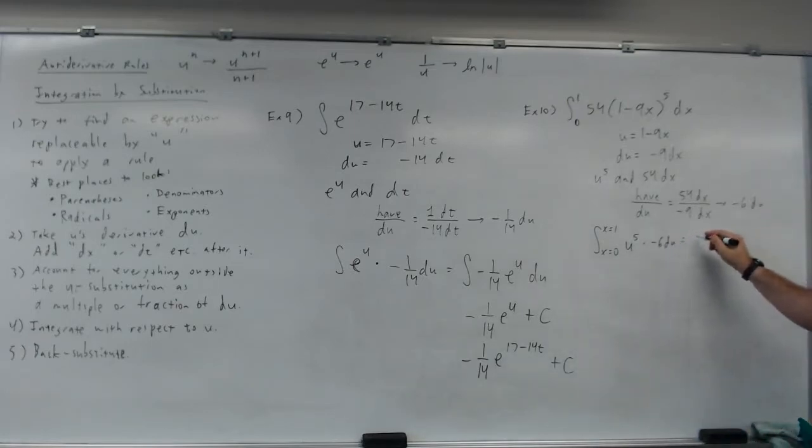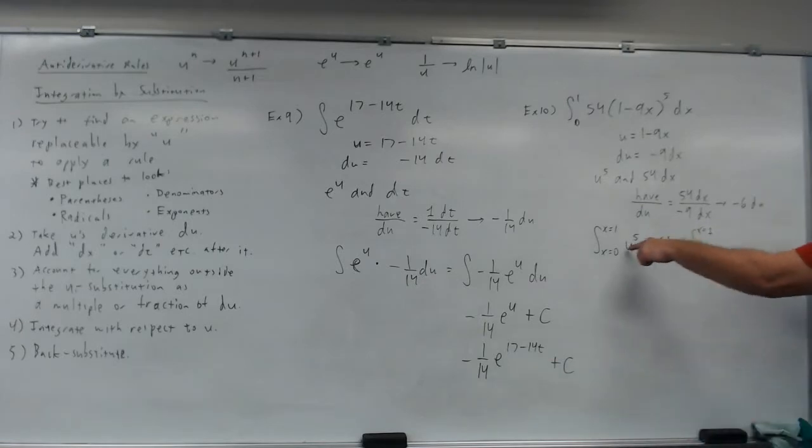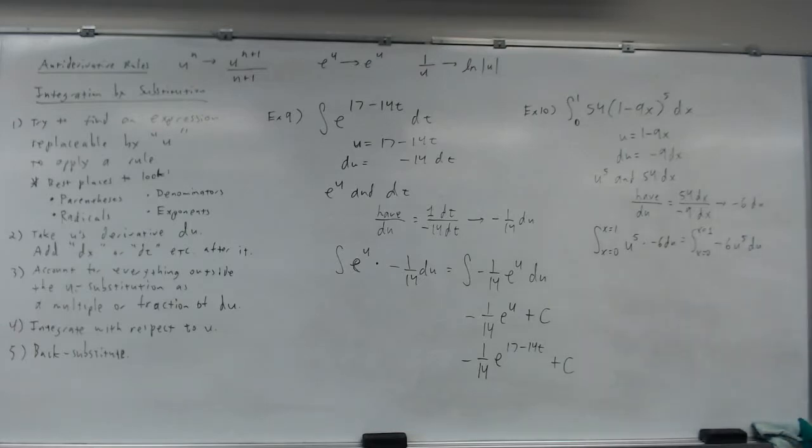which becomes the integral as x goes from 0 to x equals 1 of negative 6 u to the 5th du. Okay? Which gives me negative 6 u to the 6th over 6 as x goes from 0 to x equals 1.